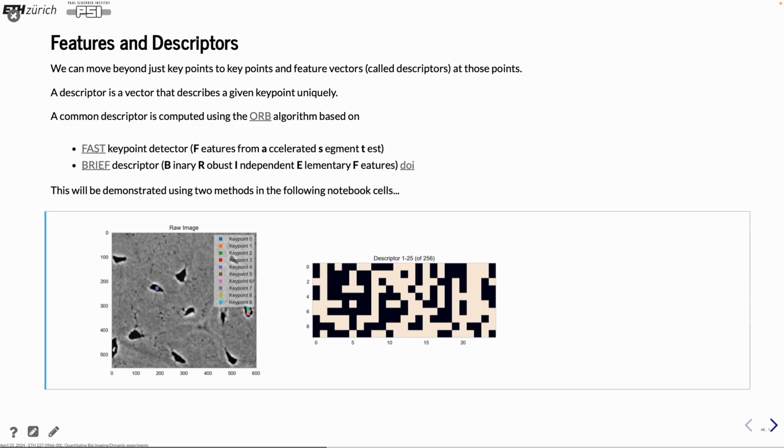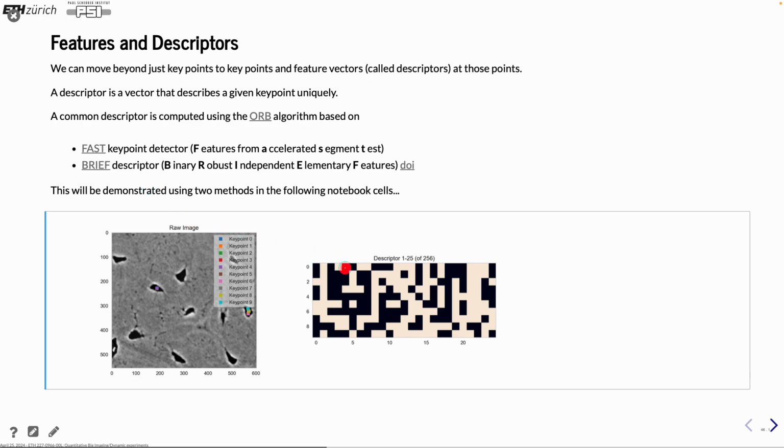There are different ones that are mentioned. One is ORB, then there's one called FAST, and one called BRIEF. What it does, in principle, is compare the central pixel to the neighborhood and produce a binary code for this.